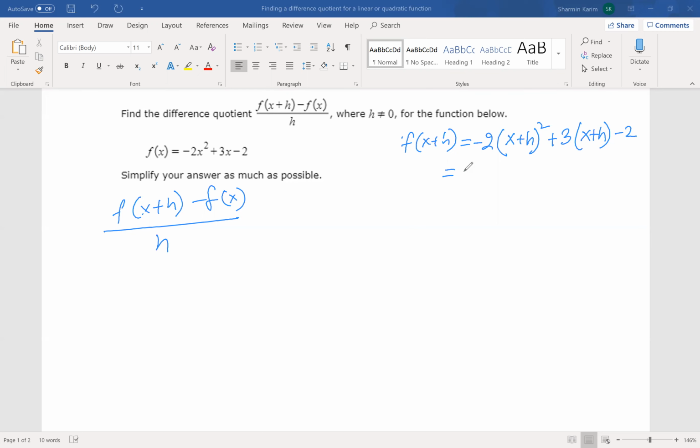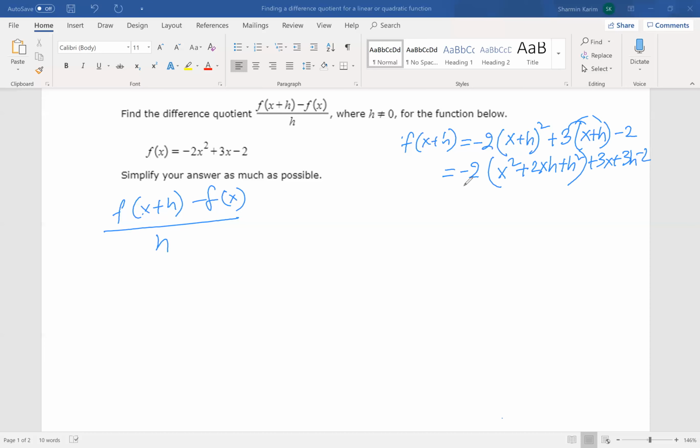Now we have negative 2 times, if we expand x plus h squared, or do the FOIL, x plus h times x plus h, we did the last one also. So I'm just writing it after adding like terms. So it will be x squared plus 2xh plus h squared. Then if I distribute 3 to each of these, I have 3x plus 3h, and then I have minus 2.